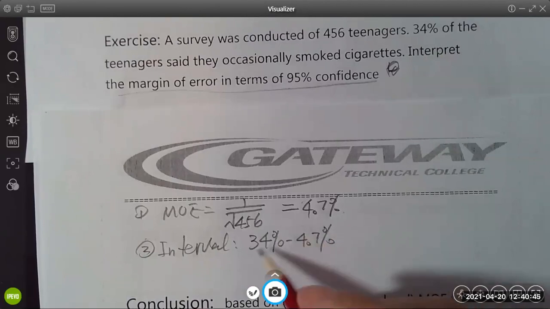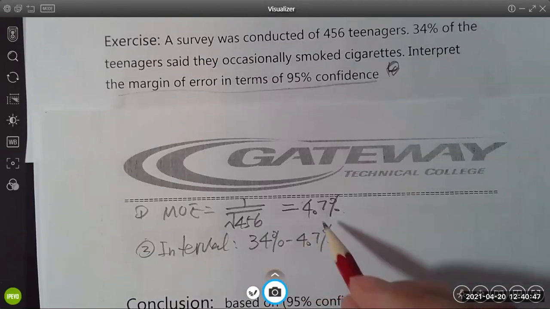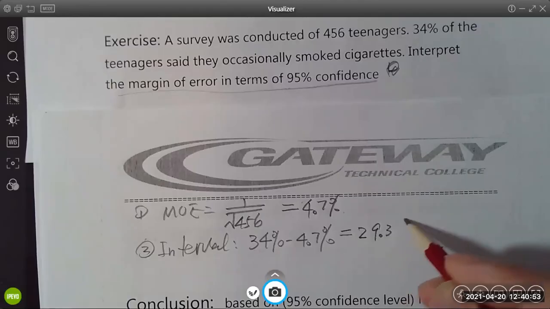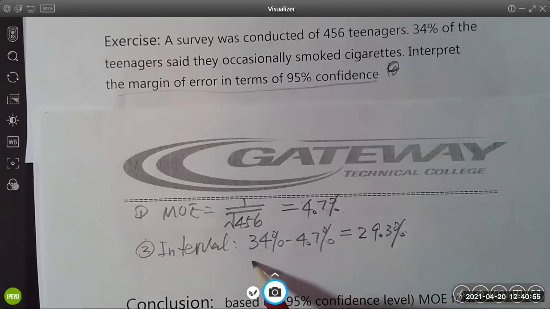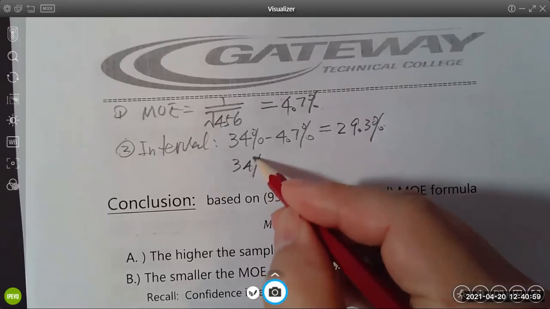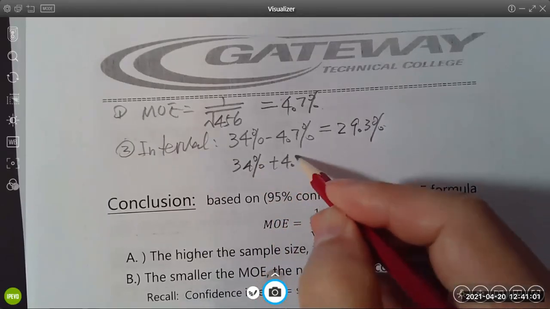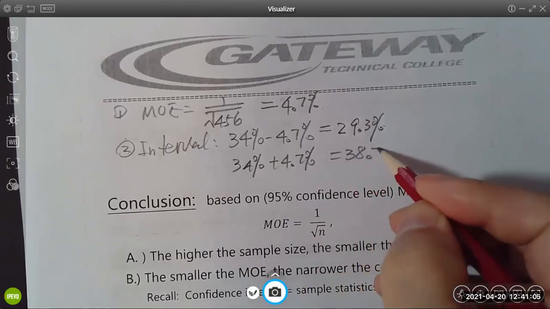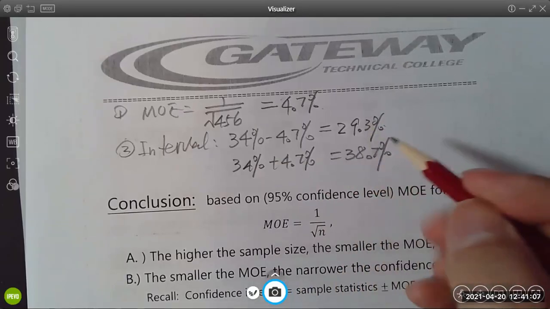So 34 minus 4 is 30, you have to subtract another 0.7, which gives 29.3%. Now 34% plus 4.7% would be 38.7%. Now we have our interval.